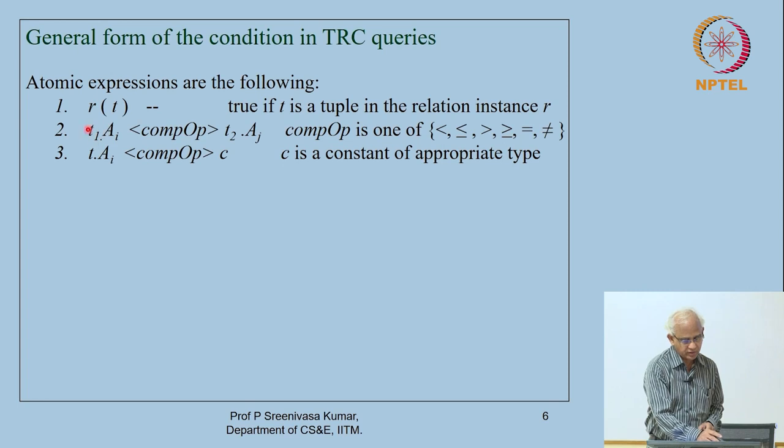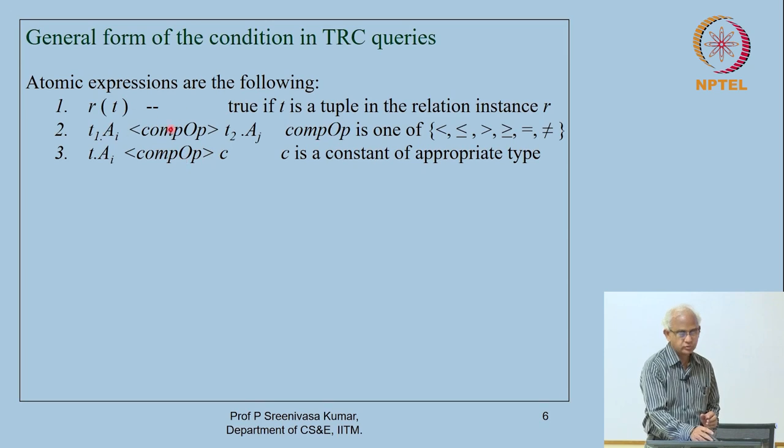If T1 is a tuple variable, dot AI will talk about the AI component of the tuple T1, and that is compared to some other tuple, using the usual comparison operators, the less than, equal to, greater than equal to, and then you can basically compare two values of two tuples and use that as a basic condition. And then you also can take one component of a particular tuple and compare it with an appropriate constant, okay. And these are the basic conditions.